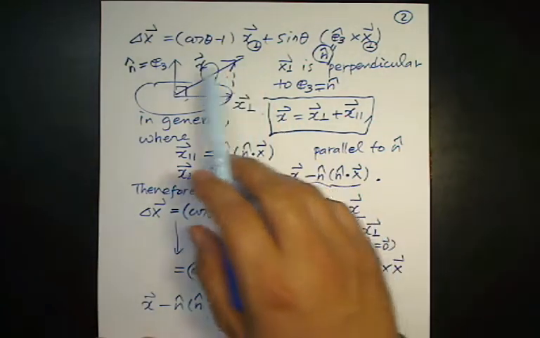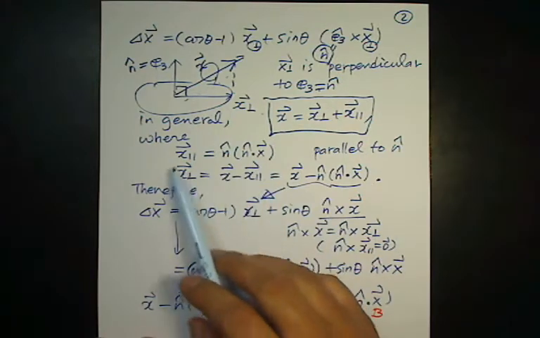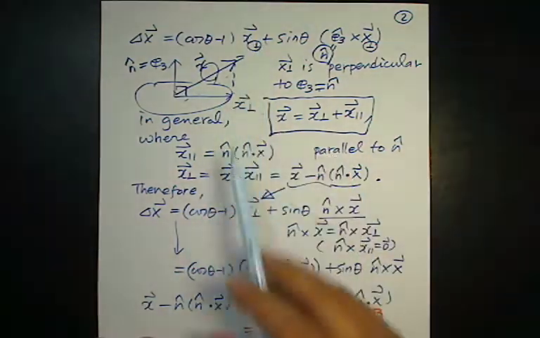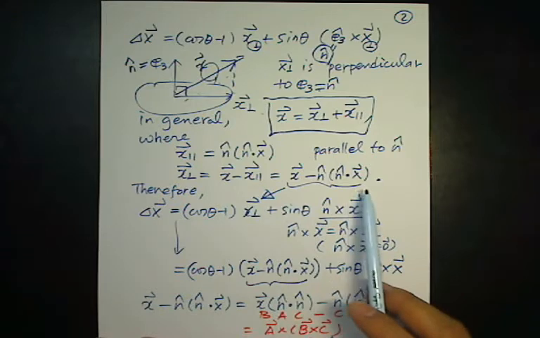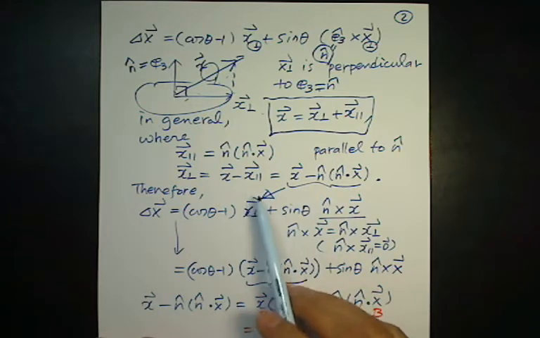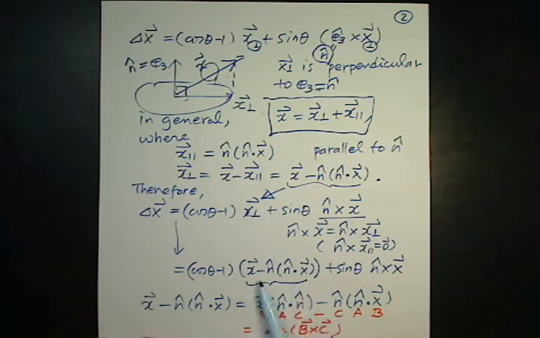Now we substitute this perpendicular component in here to obtain this vector.